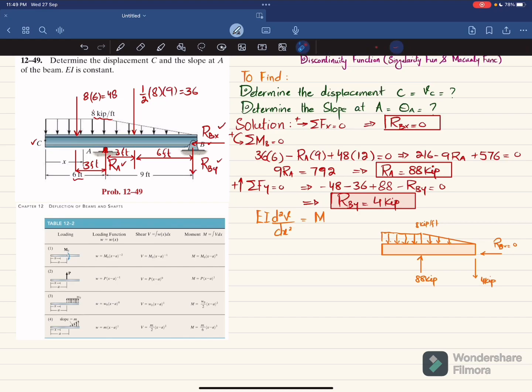Now you can see from this table that for a point load we have this moment function. For a distributed load, the distributed load starts from this point till the end. If A is equal to 0, it means that it starts from the beginning till the end. And here you can see the distributed load is only up to a length of 6 feet.